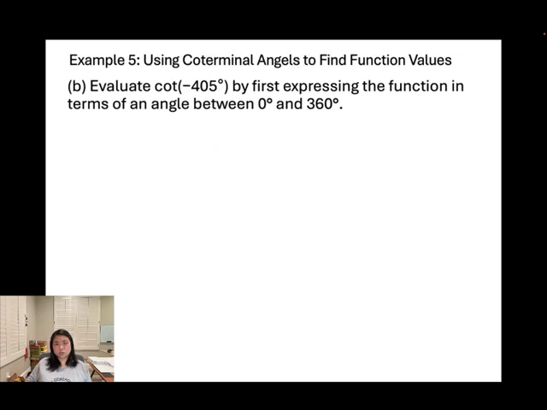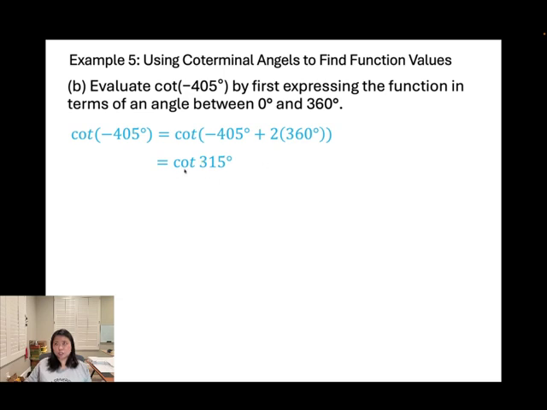Okay, B. Cotangent negative 405°. So you're going to add 360, again adding 2 times 360, right? So you're going to get cotangent 315 degrees. Find the reference angle: 360 minus 315, that will be the reference angle.